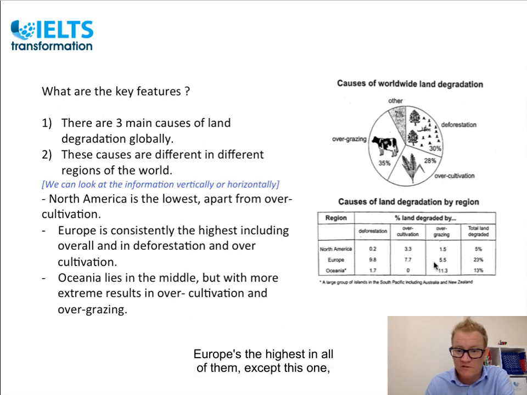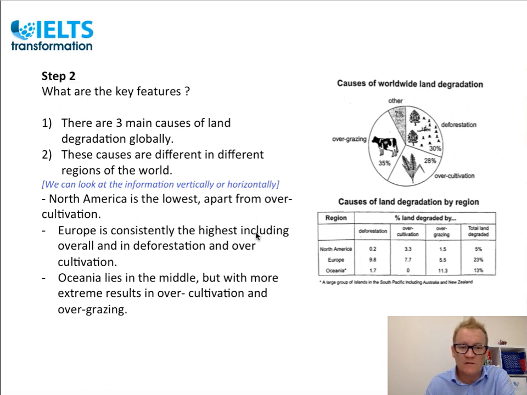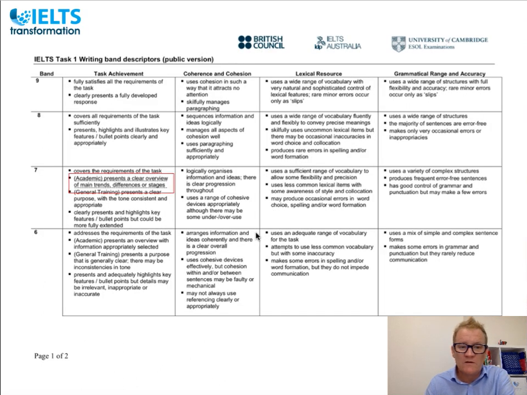Europe's the highest in all of them except this one. Oceania's kind of in the middle, but has zero overcultivation, but the highest overgrazing. Total shows that Europe is way ahead. Okay. So we've got the main features.